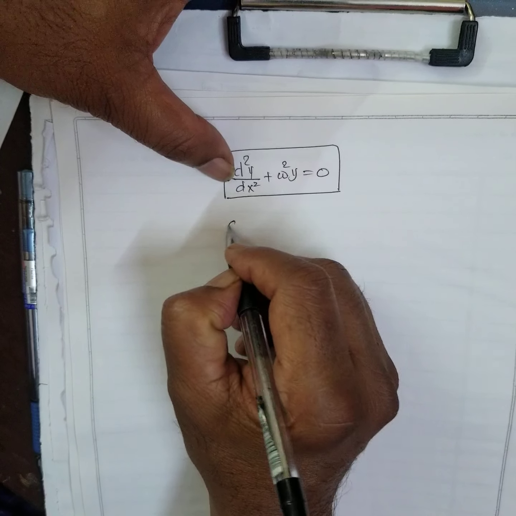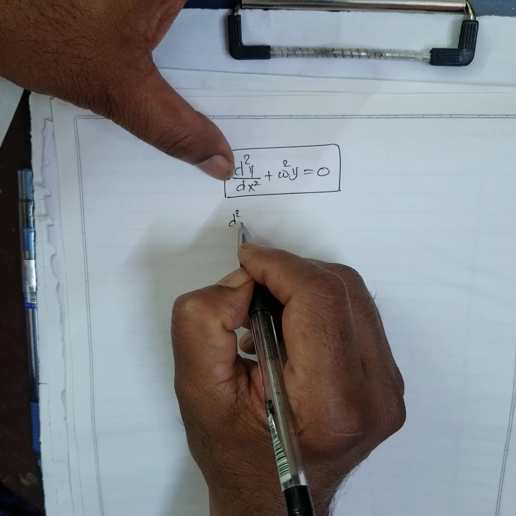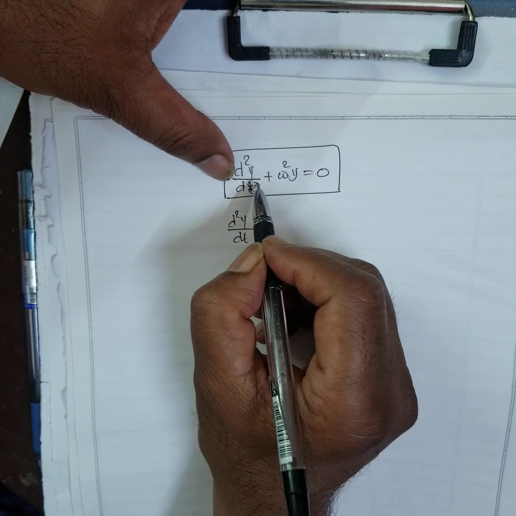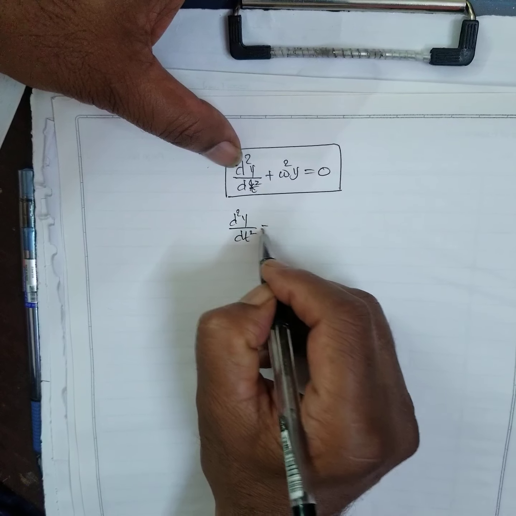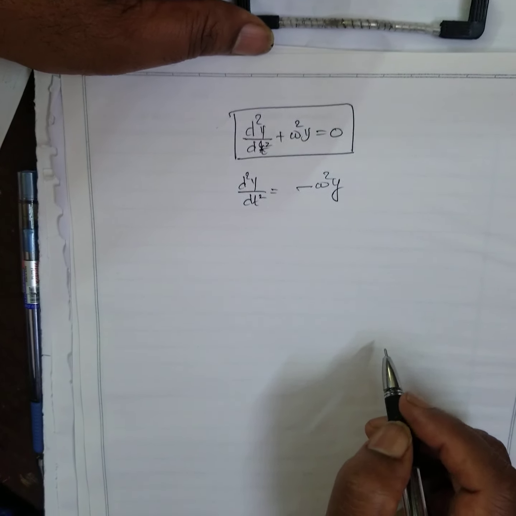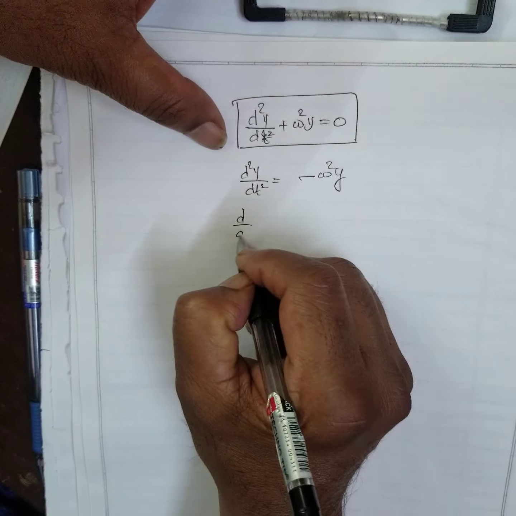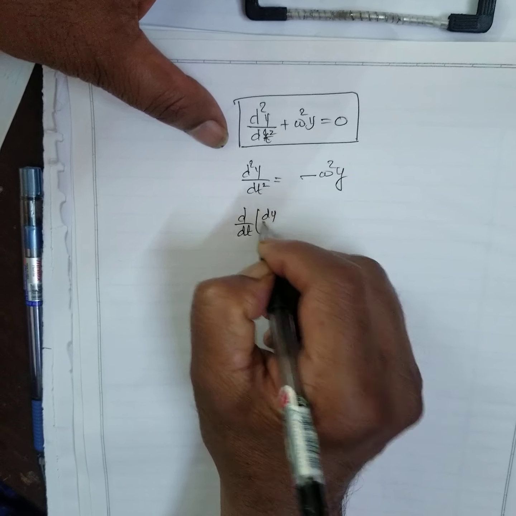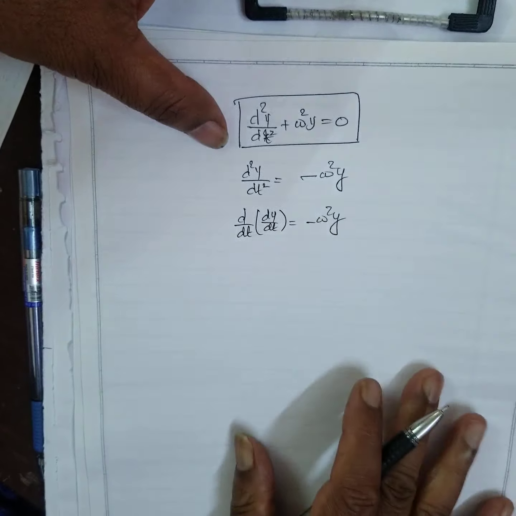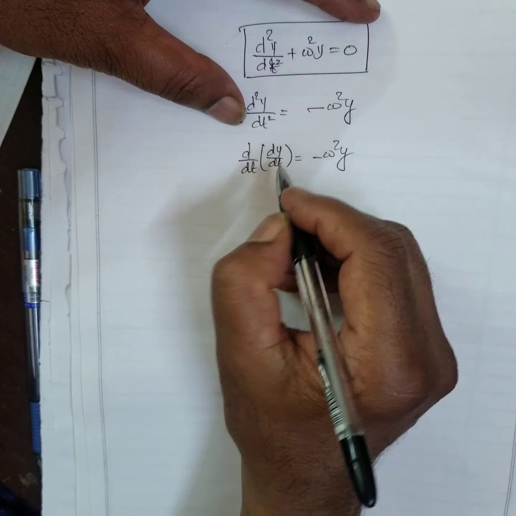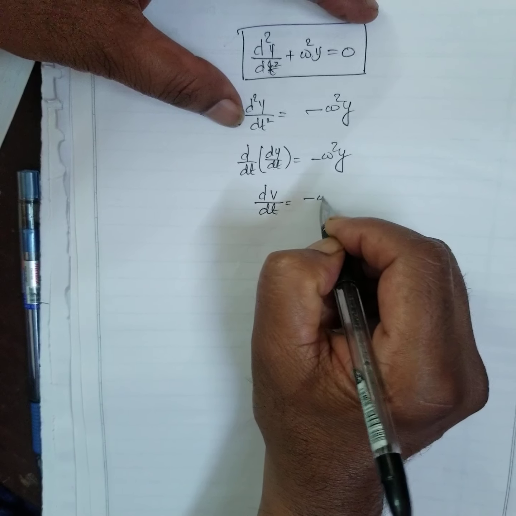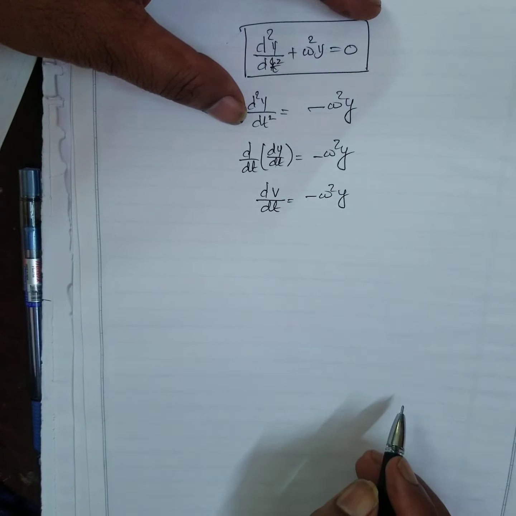What I do is say d square y by dt square is equal to minus omega square y. This is d by dt of dy over dt. Can I write like this? dy over dt is equal to velocity. dv by dt is equal to minus omega square y.